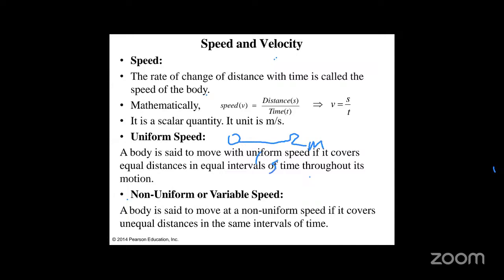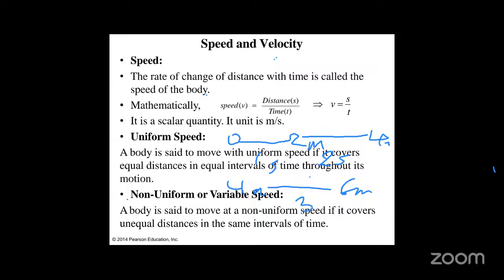Then it moves from 2 meters to 4 meters in another 1 second, making 2 seconds. Then it moves from 4 meters to 6 meters in another 1 second, making 3 seconds.